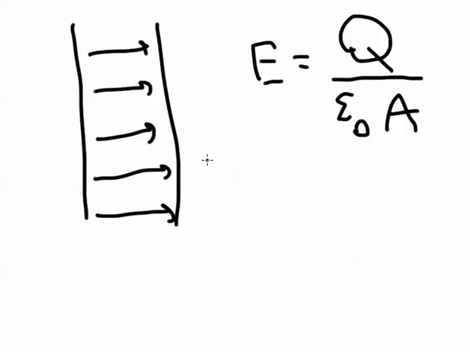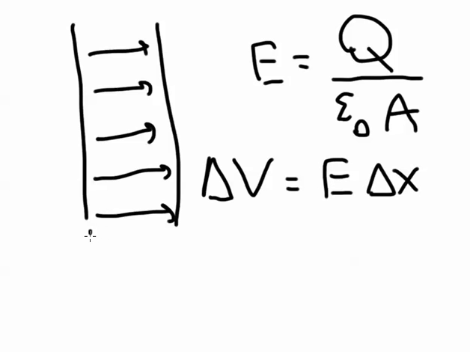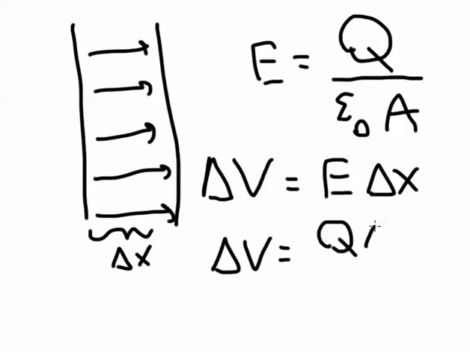And we also know that the delta V across the plates is equal to E delta X, where this is the width of the capacitor. And that means that delta V equals Q delta X over epsilon naught A.